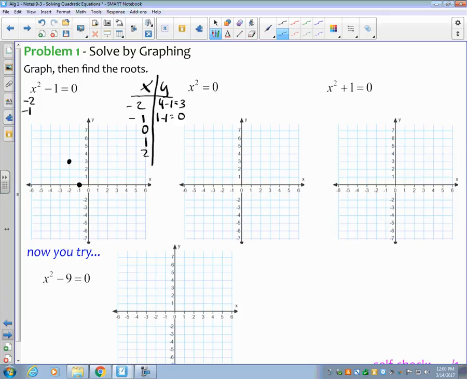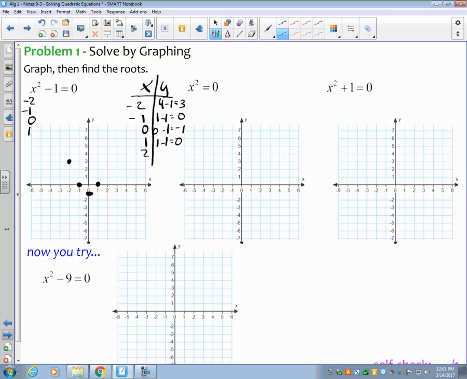Heck yeah, that's an x-intercept. Then I'm going to put in 0. 0 times 0 is 0, minus 1 is -1. Then I'm going to put in 1. 1 squared is 1. 1 minus 1 is 0.